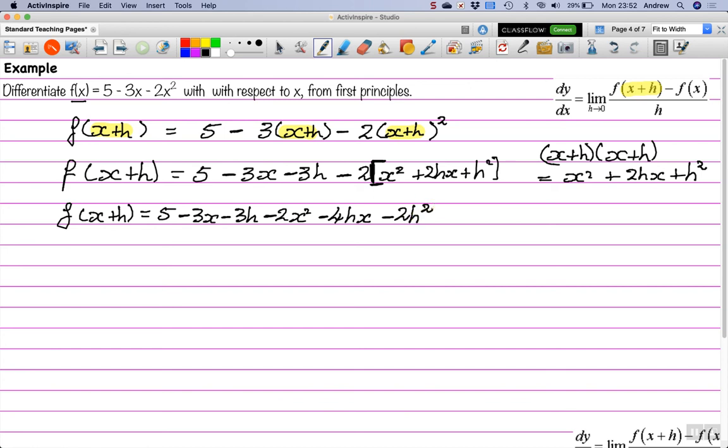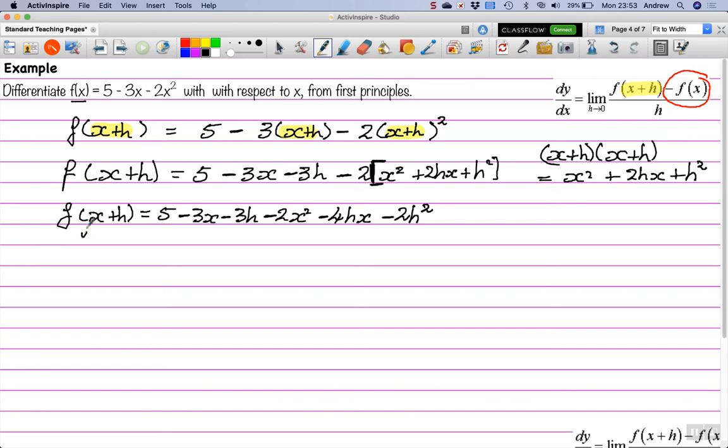Double check and make sure you've got it right. And now you move on to the next part of the problem. The next part of the problem says that you have to write down an f of x and then take it away. So I'm now going to write down f of x underneath this.